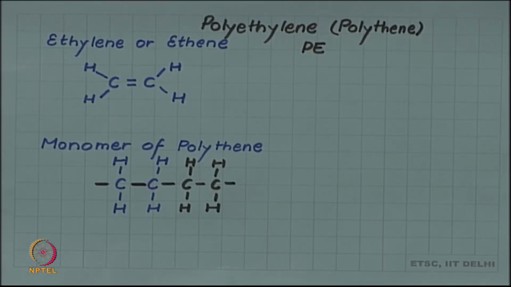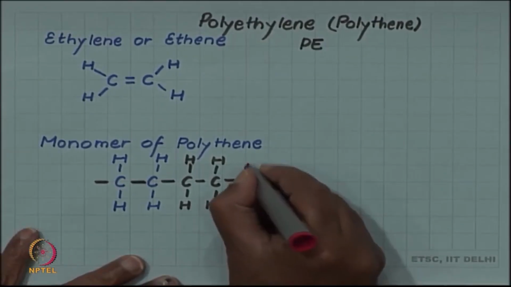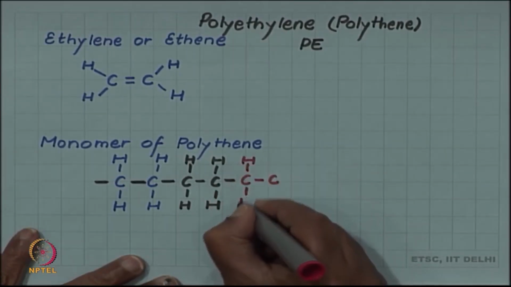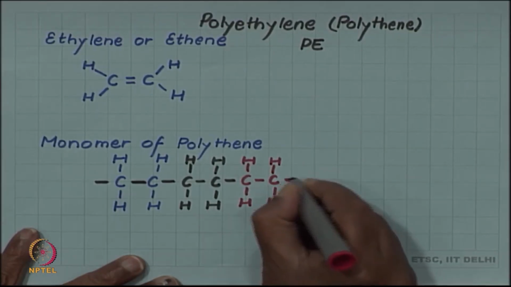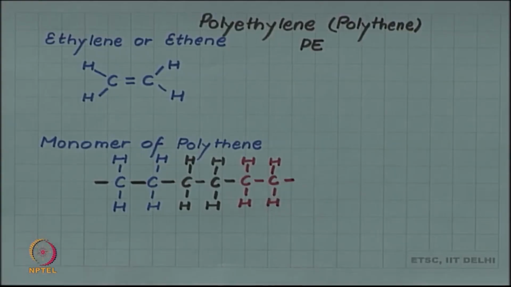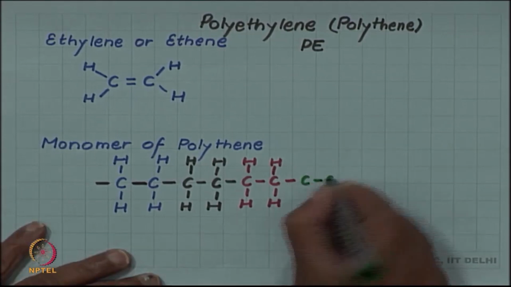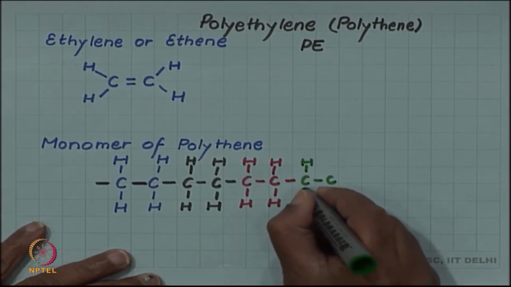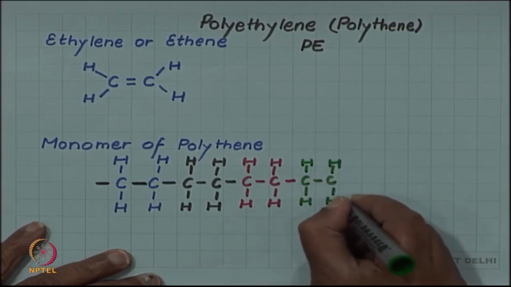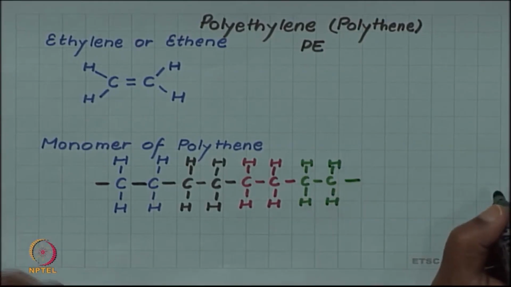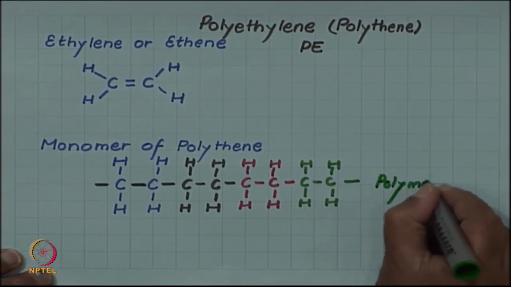Then yet another third molecule can come and join with this. We have a trimer. And if this process continues, you can see that you can have many monomers attached to a single chain, and that is what you have then, a polymer.